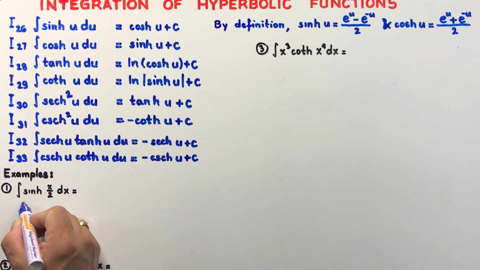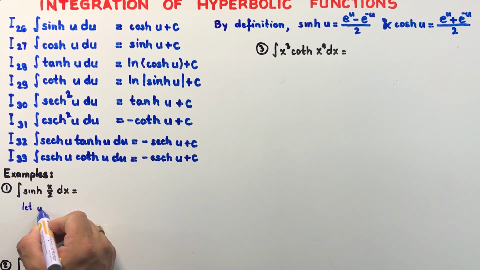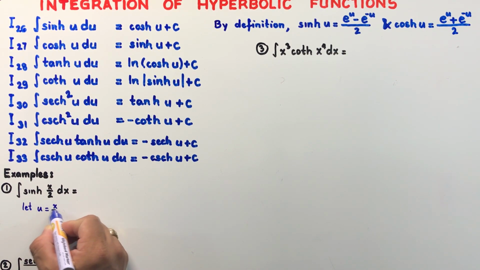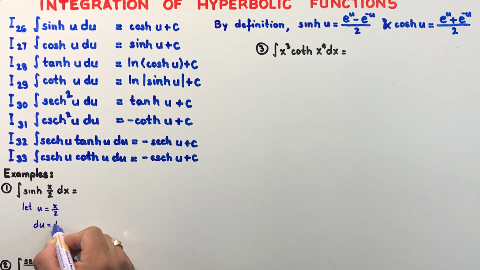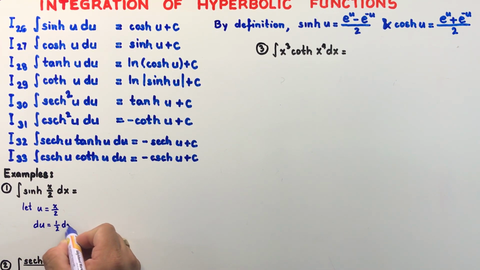Now, if we let u be equal to x over 2, our du is equal to 1/2 dx here. And then, because we don't have 1/2 in our integrand, we need to eliminate the 2 in this denominator by multiplying both sides of the equation by 2. So we have 2 du, which is equal to dx here.